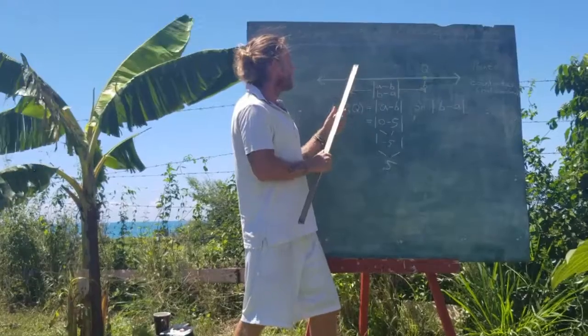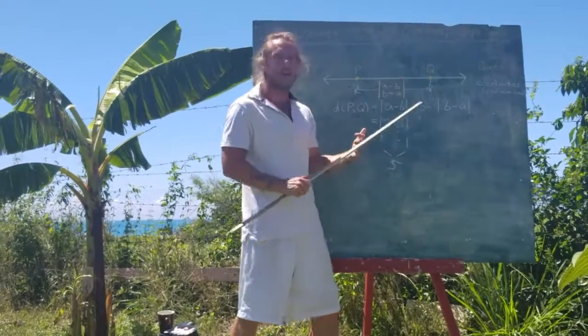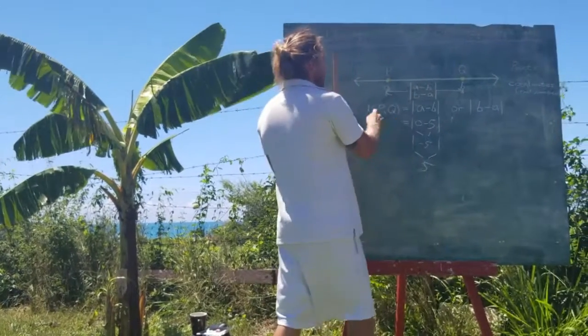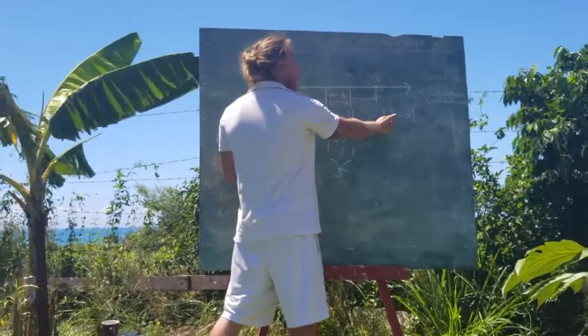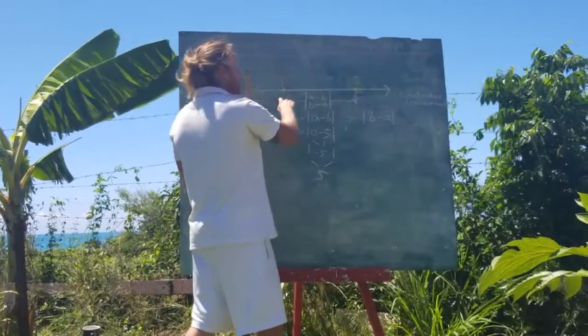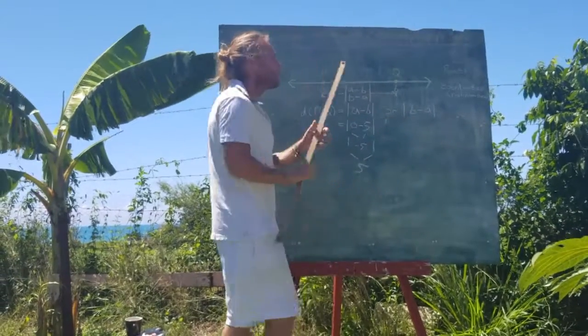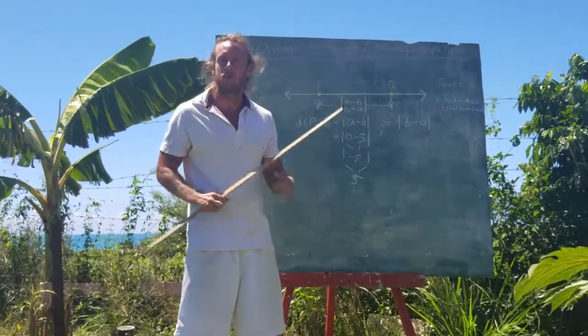It'll be the same distance heading in the positive direction as it will be on the return trip heading back in the negative direction. So we just as easily could say that the distance from P to Q is equal to the absolute value of B minus A. Now, the absolute value allows both of these statements to be true because absolute value, like distance, is always going to be greater than or equal to 0.